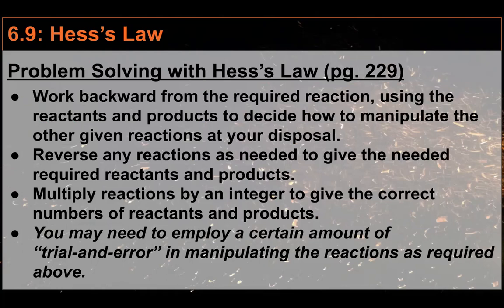Use that to figure out if you need to multiply any of them by an integer too, okay? So reverse any reactions that you need in order to get the correct reactants and products, and multiply by an integer to give the correct number of reactants and products. And I'll be honest, sometimes you might just need a little bit of trial and error in order to get to the right spot.